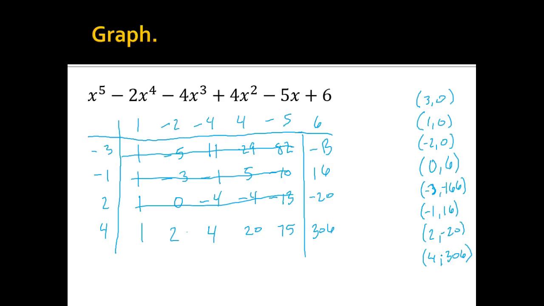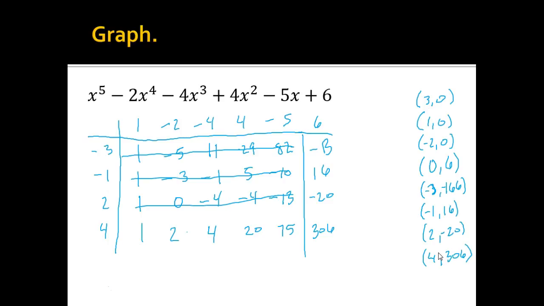Okay, now we're going to take these points and graph them. As I'm looking at these, obviously I'm not going to be able to graph negative 3, negative 166. I'm not going to be able to get a piece of graph paper that will cover that. But I can note that that is the direction the line is going.